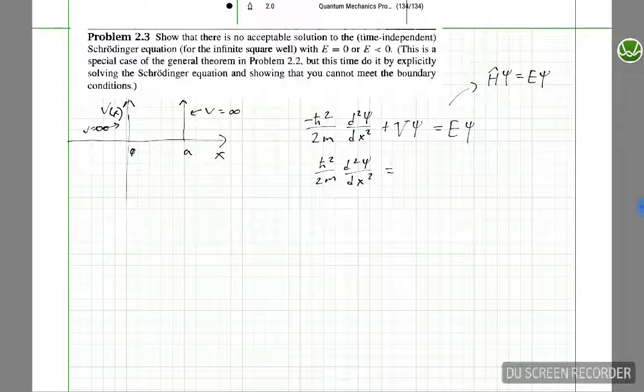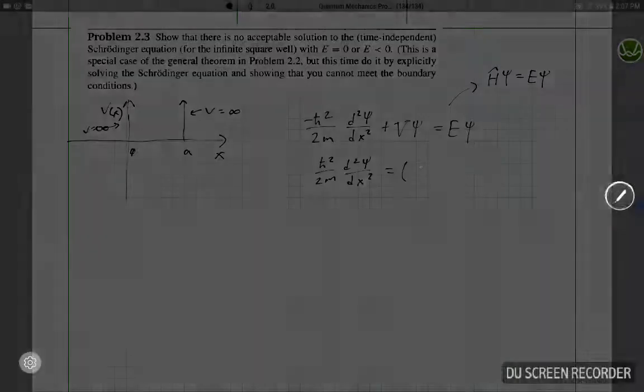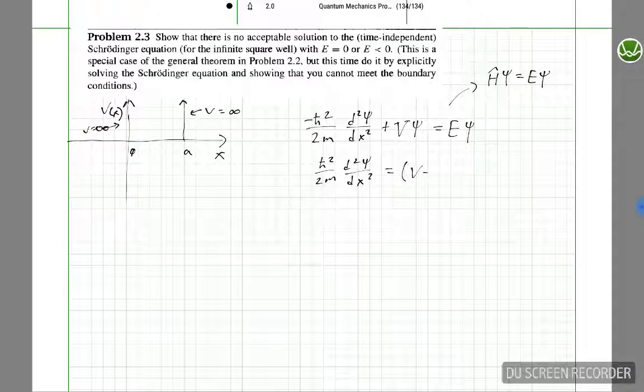I'm just going to have this derivative on one side, and then I want V minus E. We could go like this, or we could do it this way too, depending on where you like your negative. Either way works just fine.